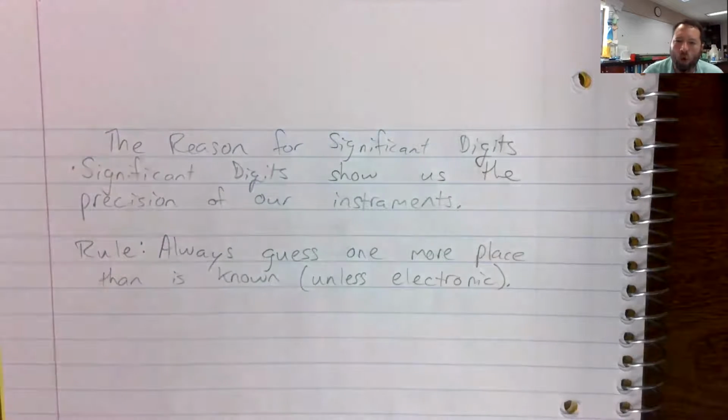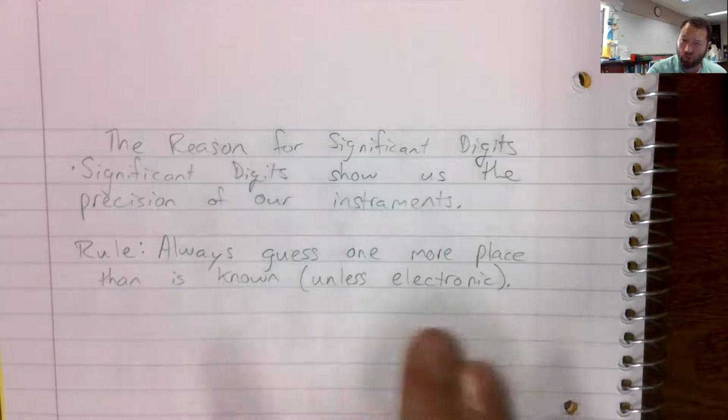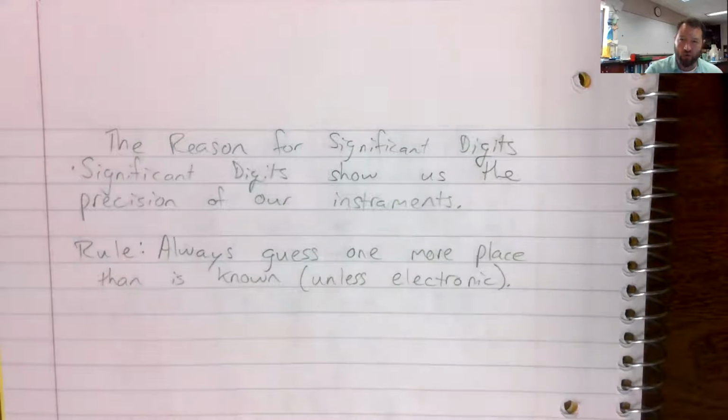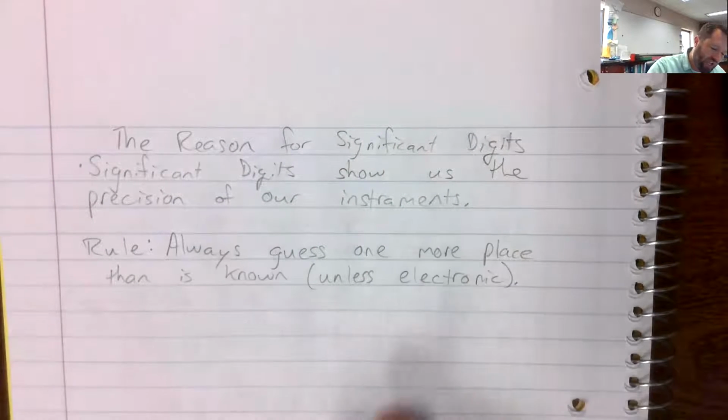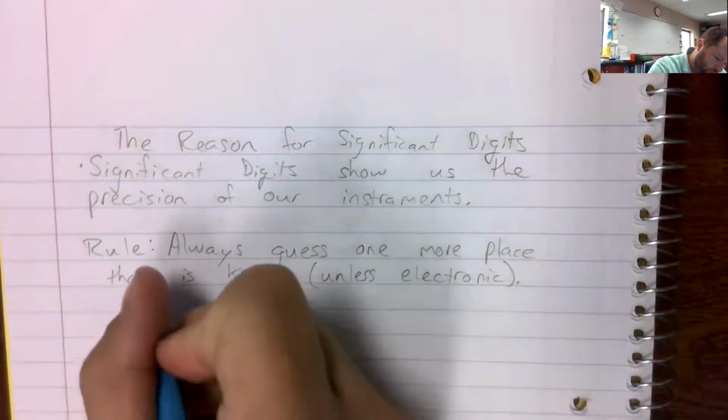Always guess one more place than what you know, unless the tool is electronic. If it's electronic, you only report what you have. And we do use electronic balances pretty often, but otherwise always guess one more place than what you know.